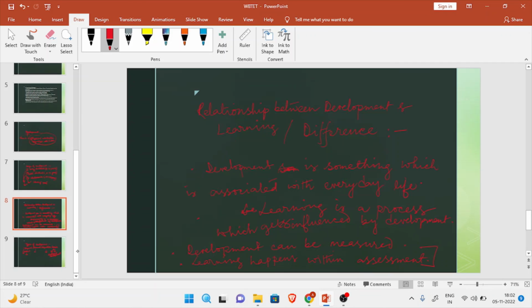So learning is very much associated with experience, and it is counted as assessment. But development, you can measure. So this is the difference.